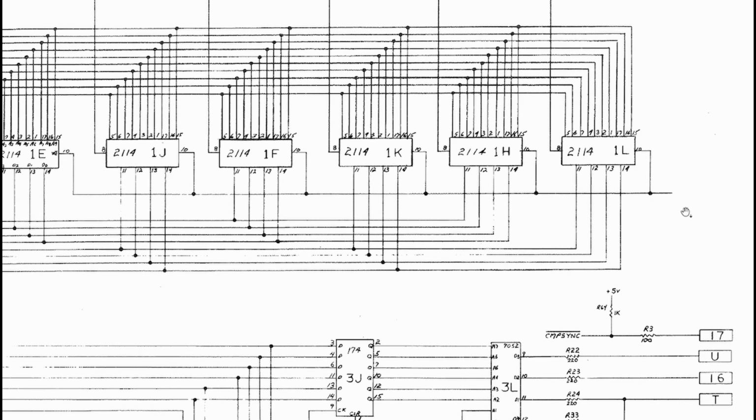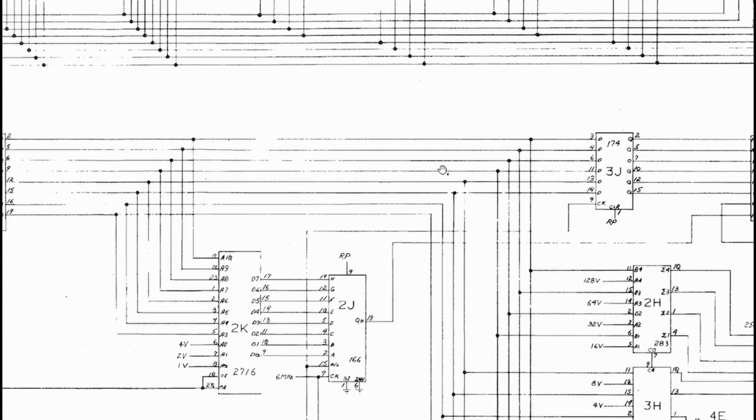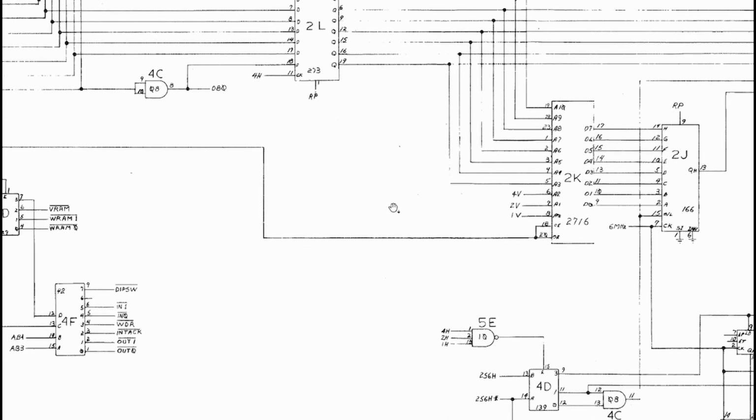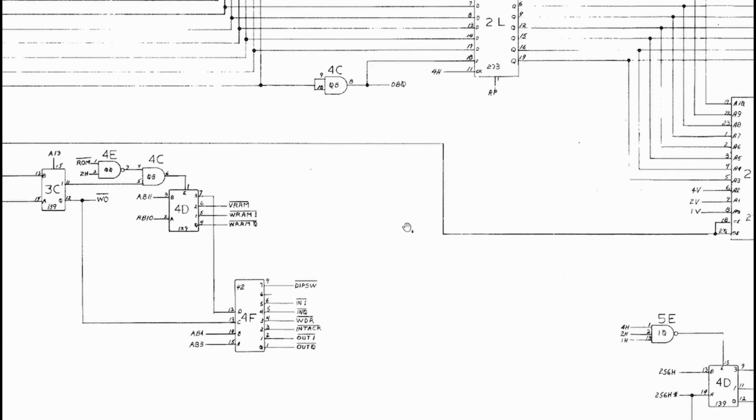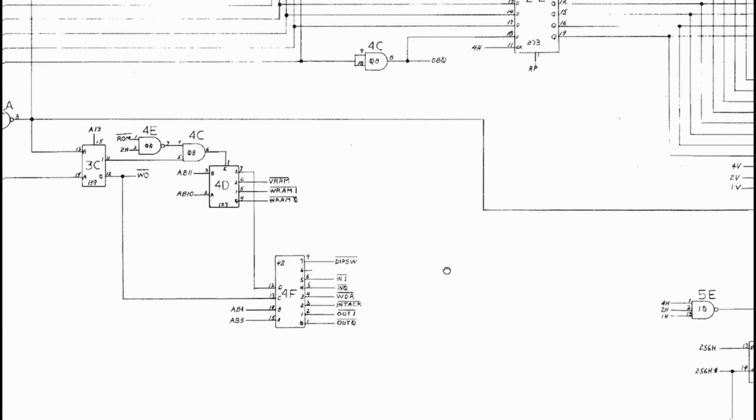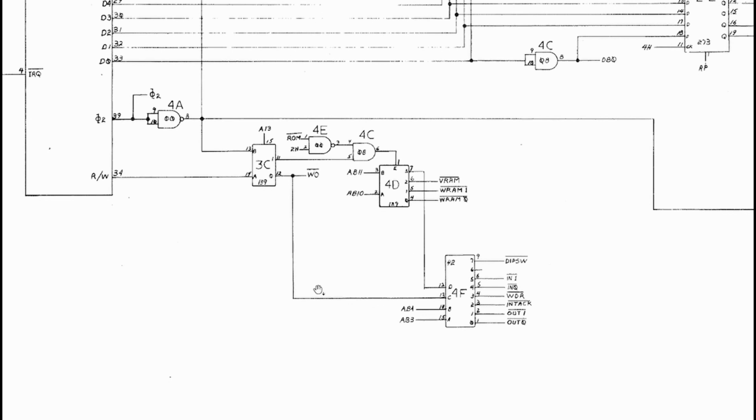And I'm almost certain that's just a mistake in the schematic, that if you connect that up to that particular WO dash, that works just fine. And certainly in my FPGA design, that works really well. And even in the breadboard version that I did. So I'm almost certain that is what they intended there.